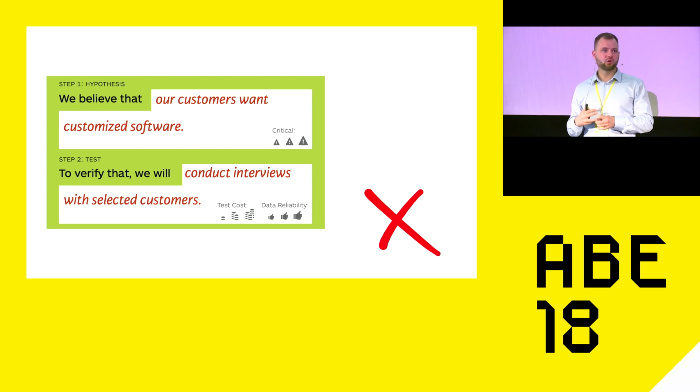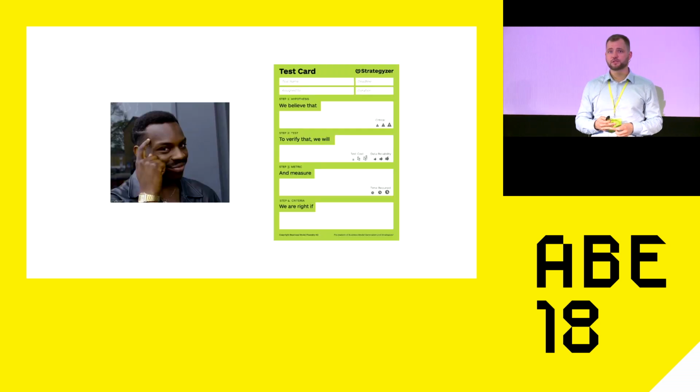We can have false positive information, and if we really implement the full solution based on that, we may lose a lot of money. There is a general saying, a proverb, that any technique can be done wrong, and this is one of the cases. You need to think about each field of the test card, and we really need to be careful to assure that the technique supports us, not just hides our concern.